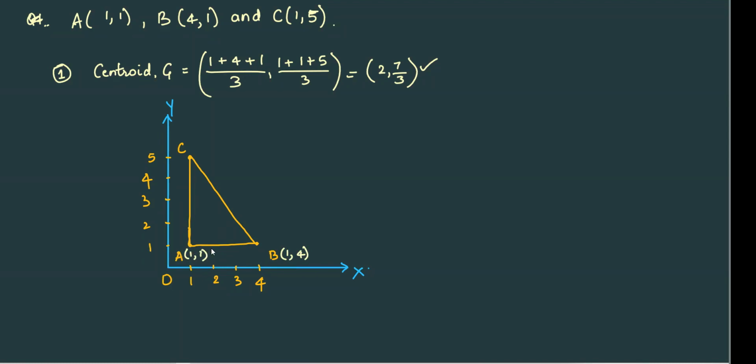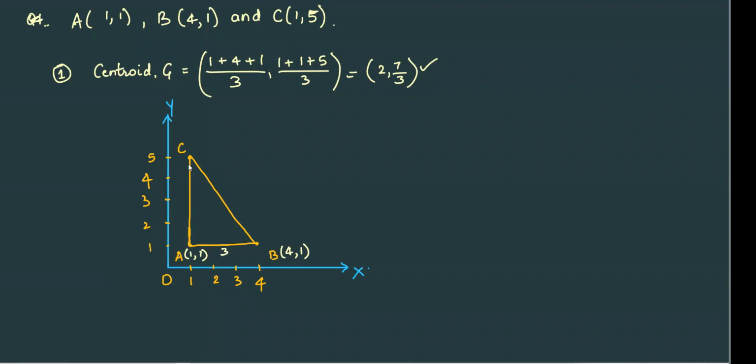This is (4,1). So the y coordinates are the same, and the x coordinates are changing. So the distance is 4 minus 1, that is 3. This distance AB is 3.